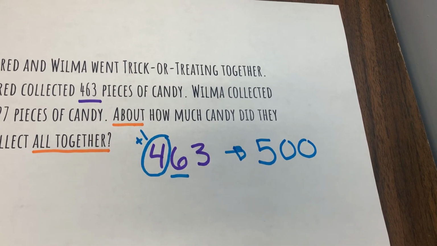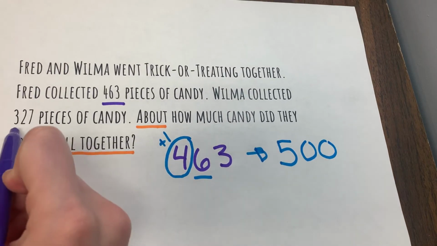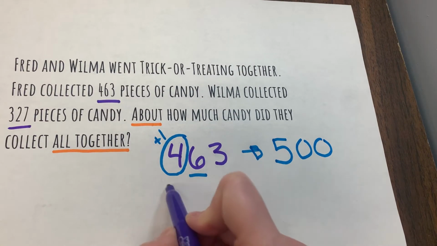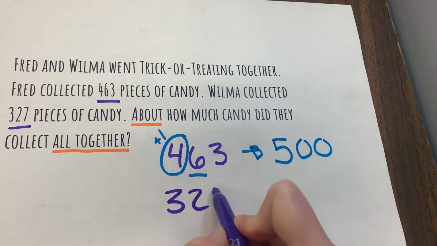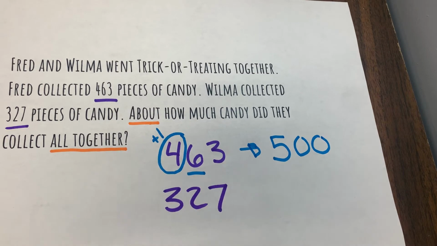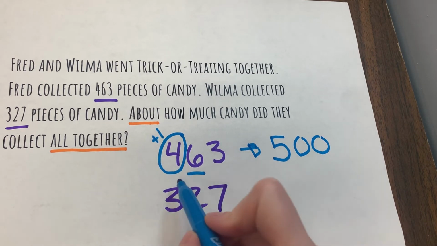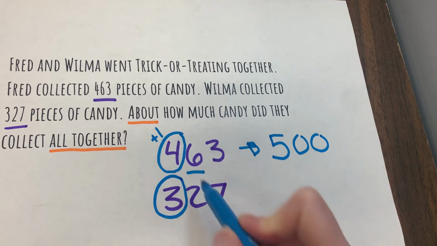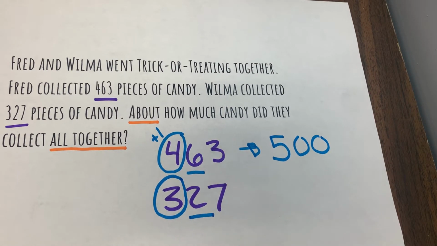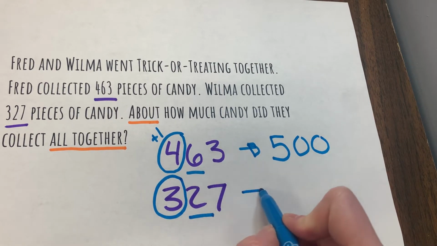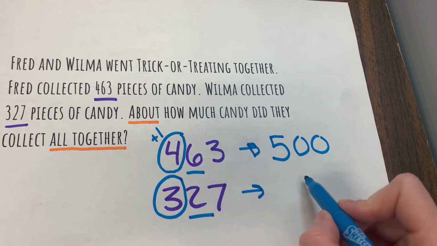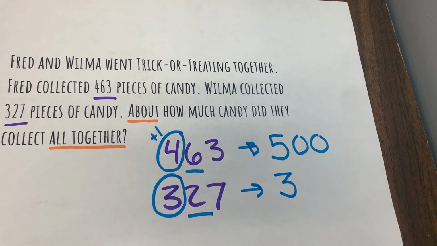Okay, let's look at the second number that we have here, which is 327. Find the largest place value, circle the digit, look to the right and underline it. It's a 2. A 2 follows the rule 0 through 4. The circle digit stays the same, so the 3 is going to stay a 3.